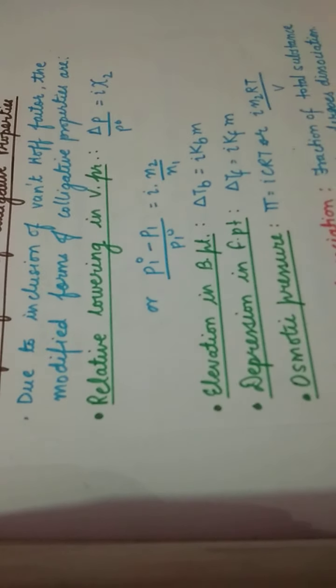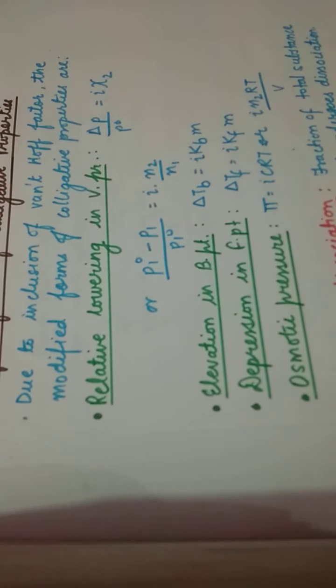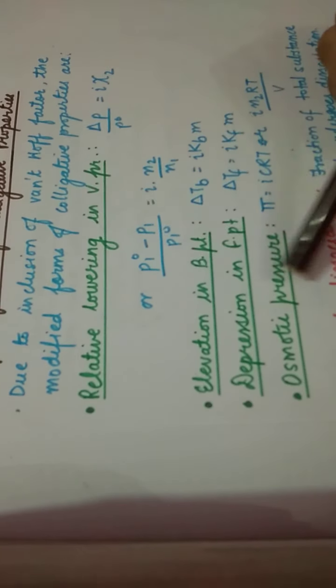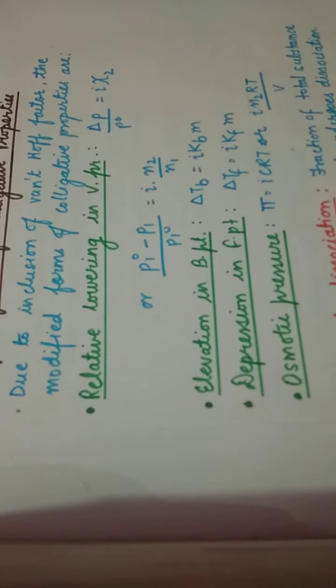So when we include the Van't Hoff factor in these four colligative properties, we get the four modified forms of colligative properties.